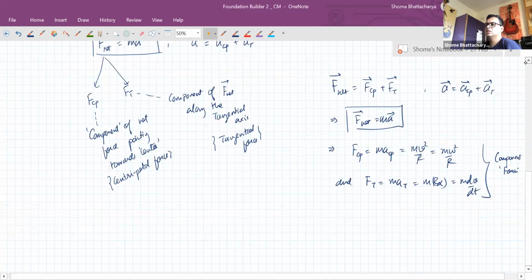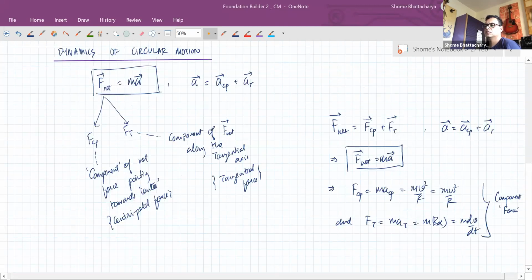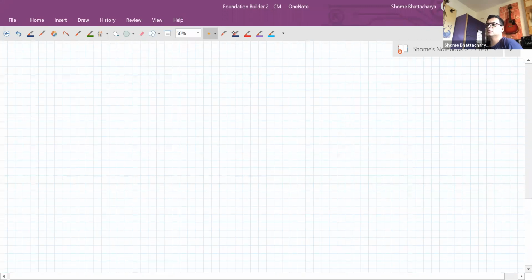So by dynamics, we mean the relation between force and acceleration. Okay, now if we talk about in particular uniform circular motion.